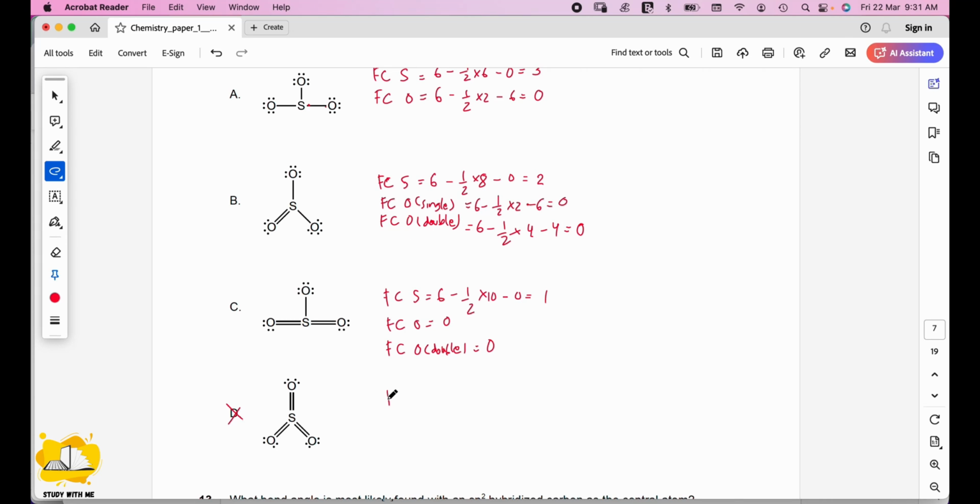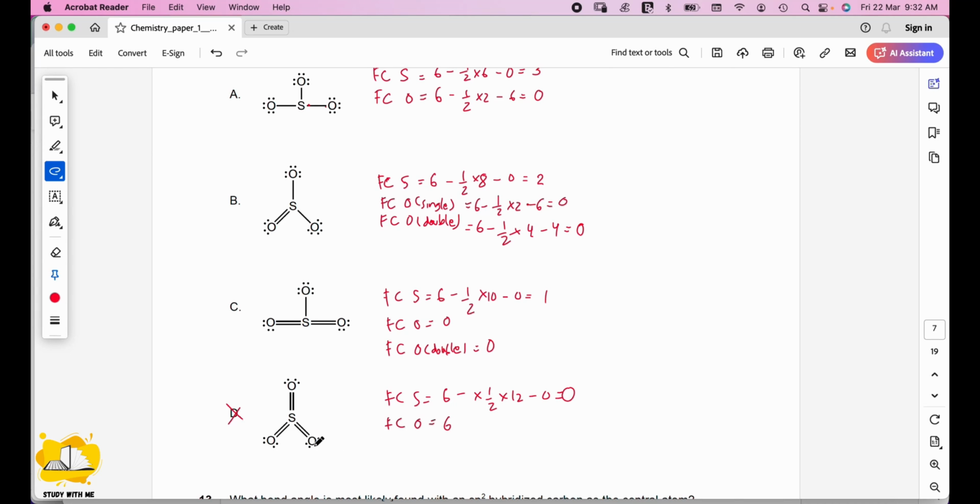And for D, it will be 6 minus half of 12, 1, 2, 3, 4, 5, 6, 7, 8, 9, 10, 11, 12. There are no non-bonding electrons, so that is 0. Then this will be 0. And for oxygen with the double bond, let me calculate.